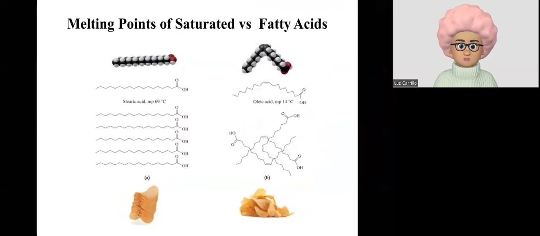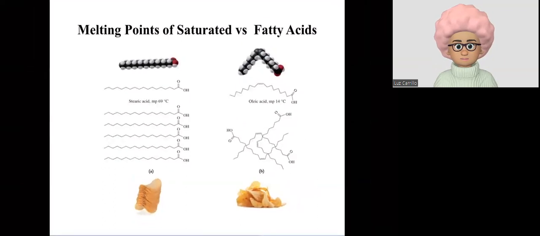Let's explore the following example. Here, we are going to explore the difference between the melting points of saturated and unsaturated fatty acids. Let's take, for example, the following two fatty acids.